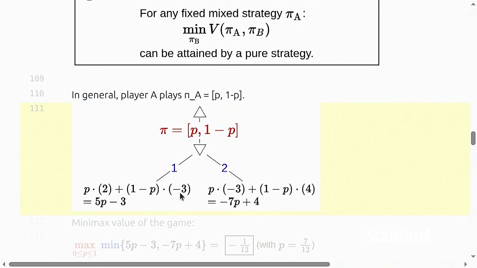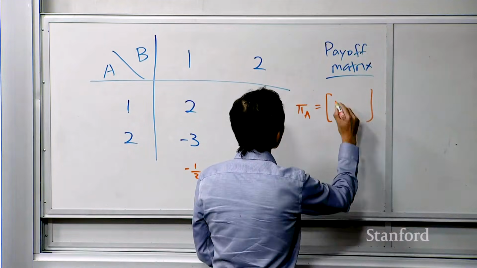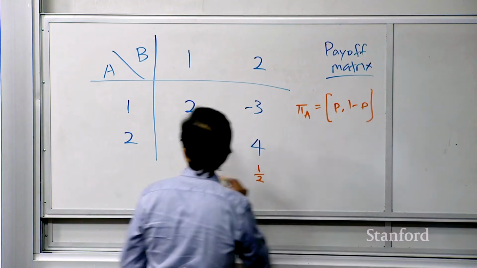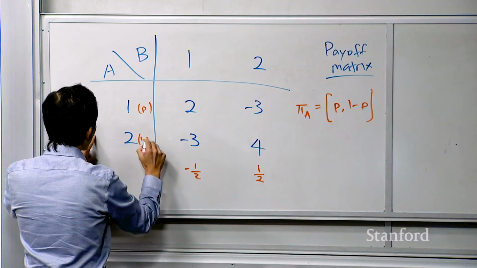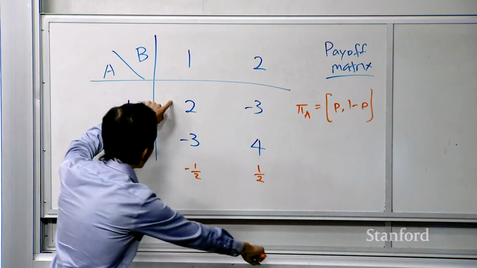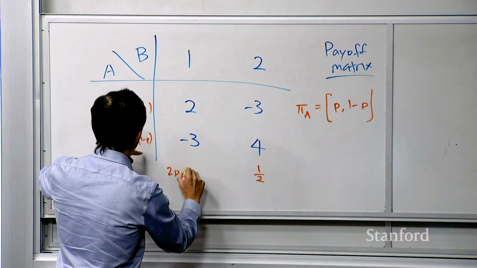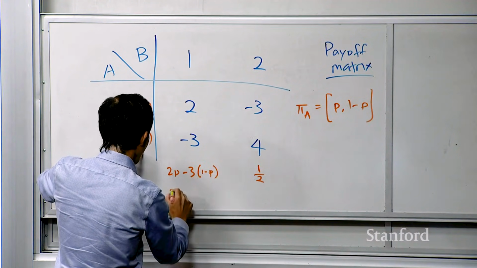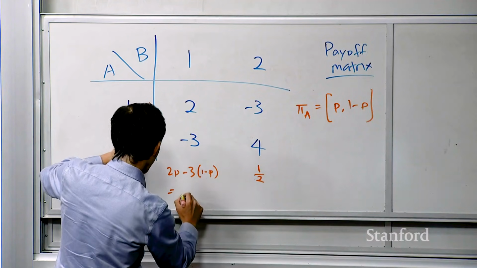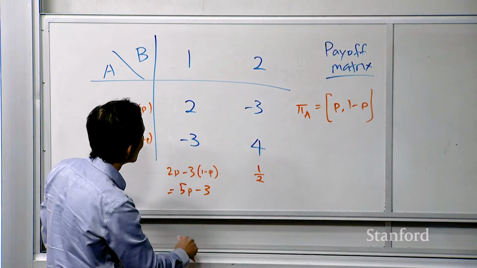So now I'm going to assume this is a P, 1 minus P. And so now this quantity is 2P minus 3 times 1 minus P, which is 5P minus 3, I believe.